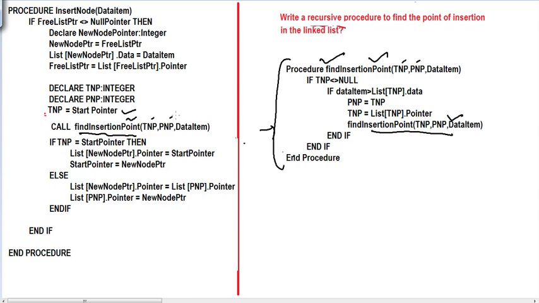Just a concept from P2, this value of TNP and PNP will have to be passed by reference, okay? Because we want to get the updated value of TNP back, and we want to get the updated value of PNP back. And one other concept which is also related to P2, I have passed 3 parameters here, right? TNP, PNP and data item, and I have not passed this list as a parameter because I'm assuming that this list is a global variable, right?